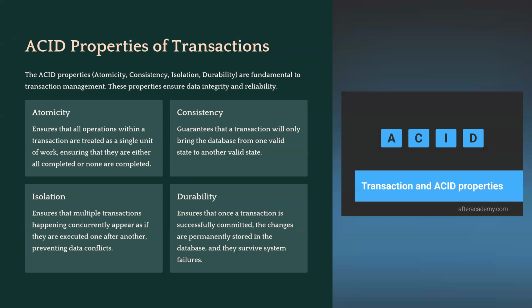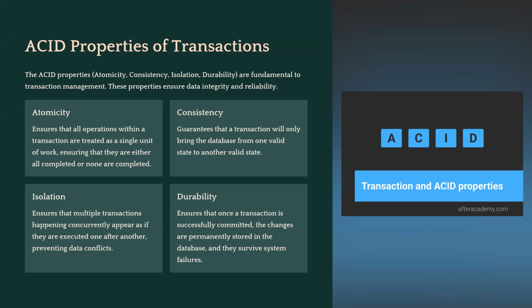The next is ACID properties of transactions, where ACID stands for atomicity, consistency, isolation, and durability. As we have seen in the last slide, these are fundamental to transaction management. These properties ensure data integrity and reliability, as given in this slide.